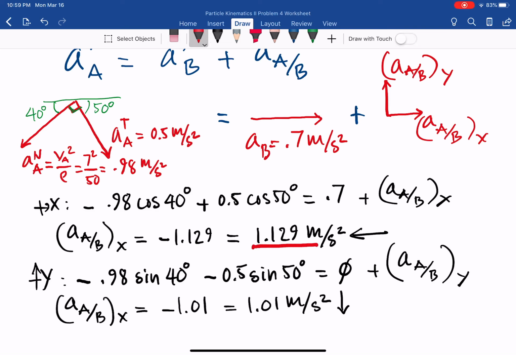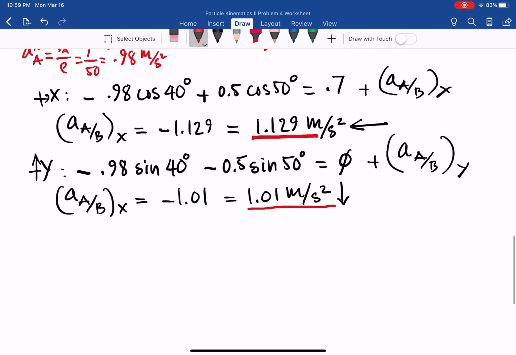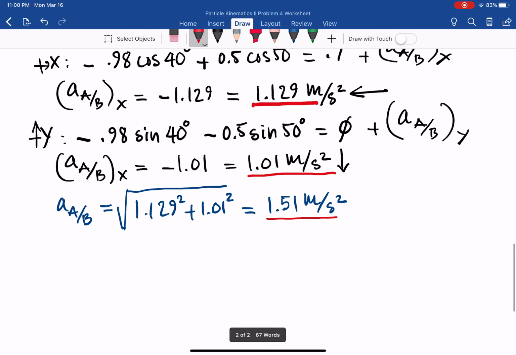The next step, we need to find out the magnitude and the direction. So let's work on the magnitude. You have A_A relative to B, and again it's similar to velocity. Just take the square root, because of the right angle, as you see: 1.129 squared plus 1.01 squared, and it should be equal to 1.51 meter per second squared. So that is the acceleration.